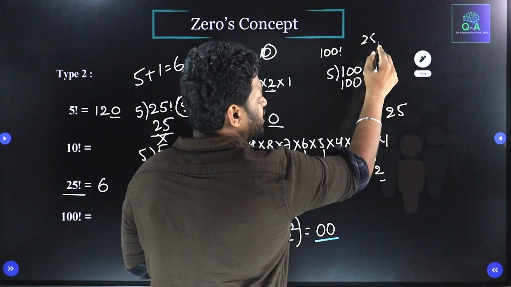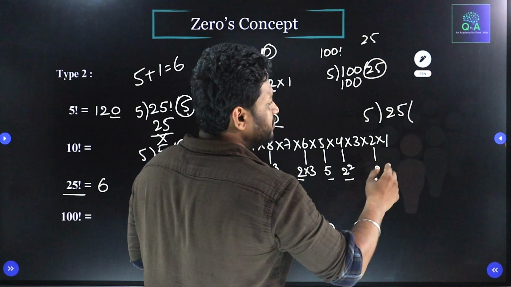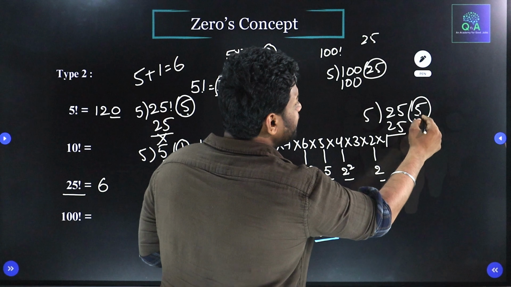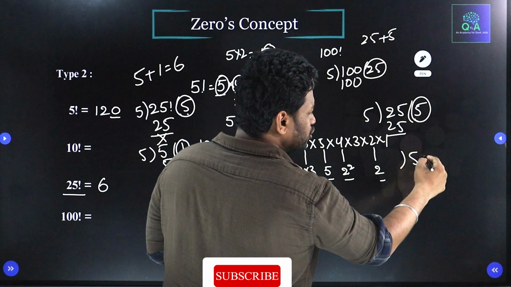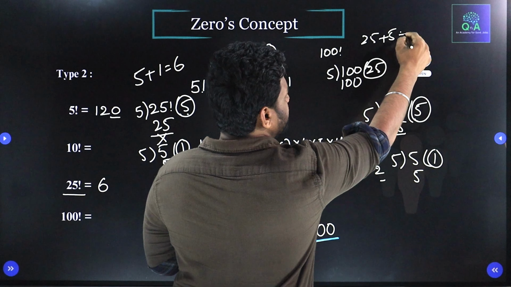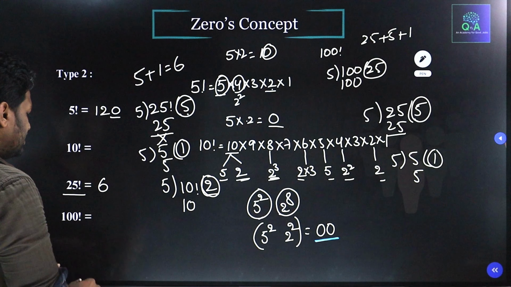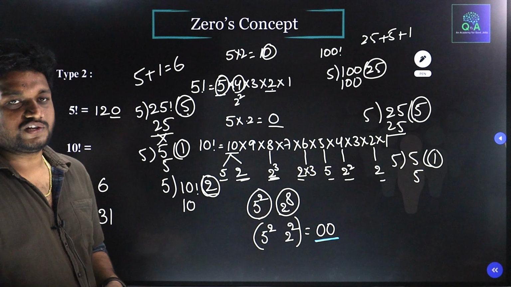But if you observe here, 25 also I can divide with 5 or not? Yes, of course I can divide with 5. So 5 5's, which is nothing but 25. Again I will be getting 5 zeros. Again 5 also I can divide with 5 or not? Yes, 5 ones I will be getting 5. So 25 plus 5 plus 1 is nothing but 31. So in 100 factorial, how many trailing zeros I have? 31 trailing zeros I have.